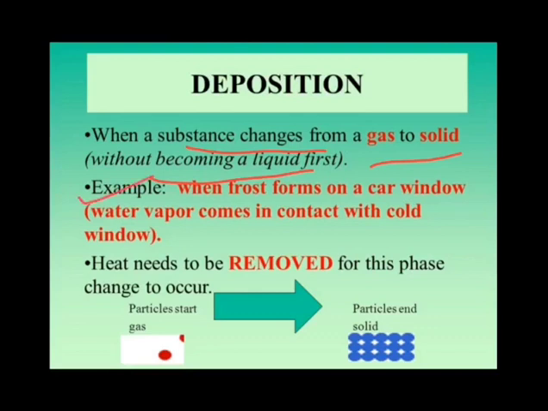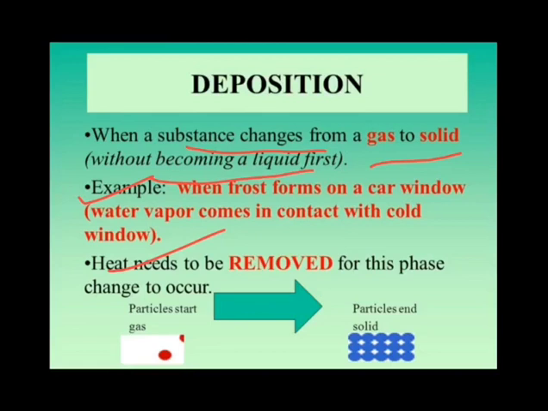When frost forms on a car window, water vapor comes in contact with the cold window, so this frost is an example of deposition. Here the gases change into the solid state. Okay, and in this case the heat energy needs to be removed for the change to occur. So this is known as deposition.